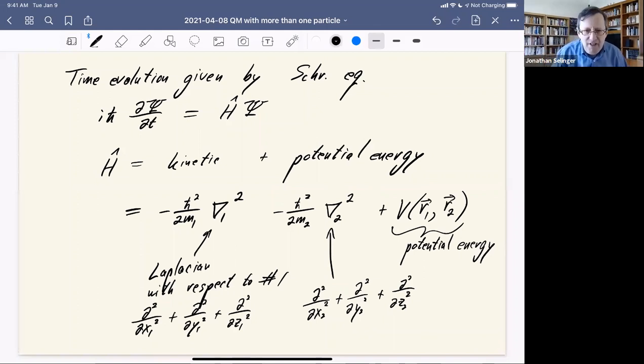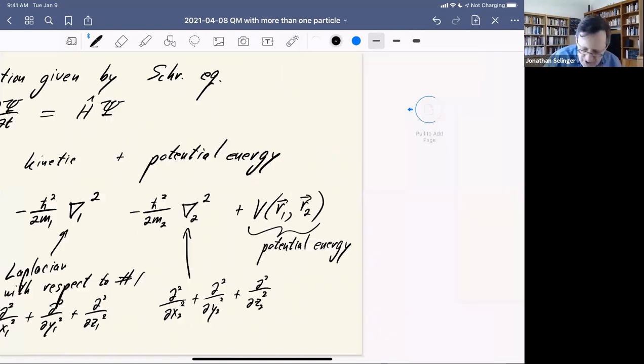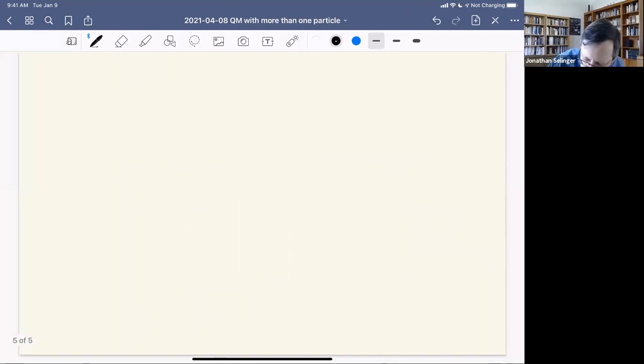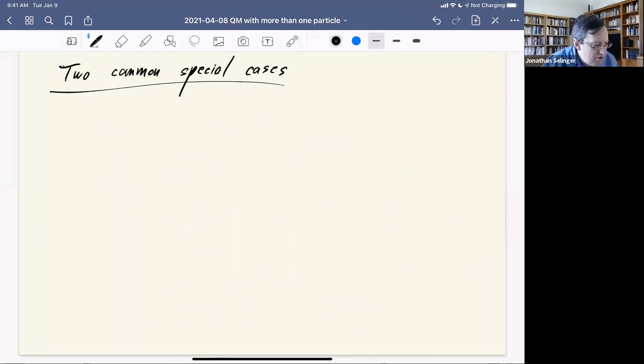There's all kinds of possibilities there, right? So let me first show you the simplest case. Well, I should say there are two common special cases, one of which is easy and the other not so easy. The relatively easy one is for non-interacting particles.